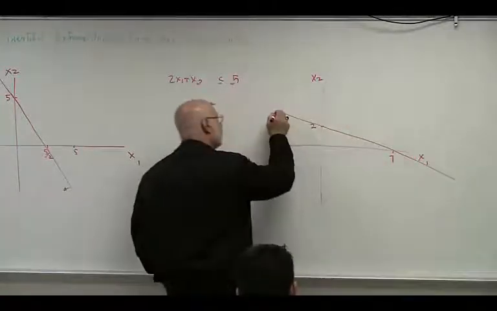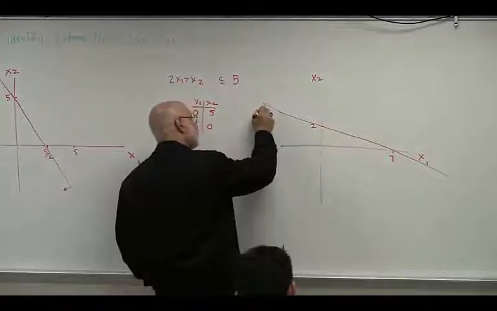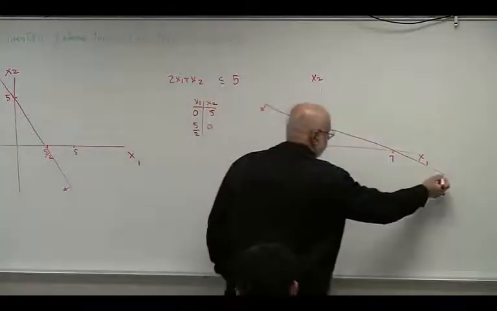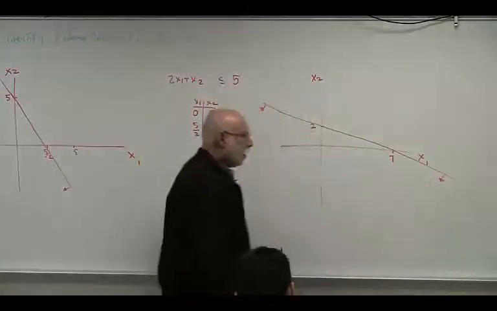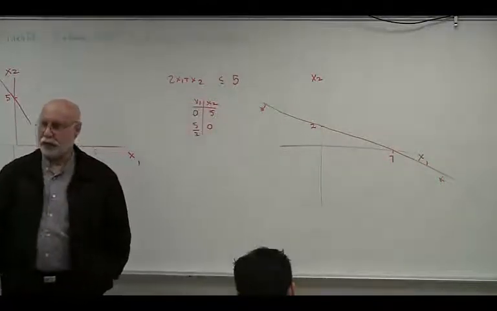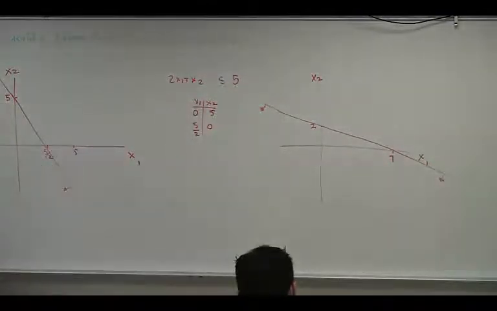If I had something like this, how would I write the constraint from that? Of course, you're all familiar with this.